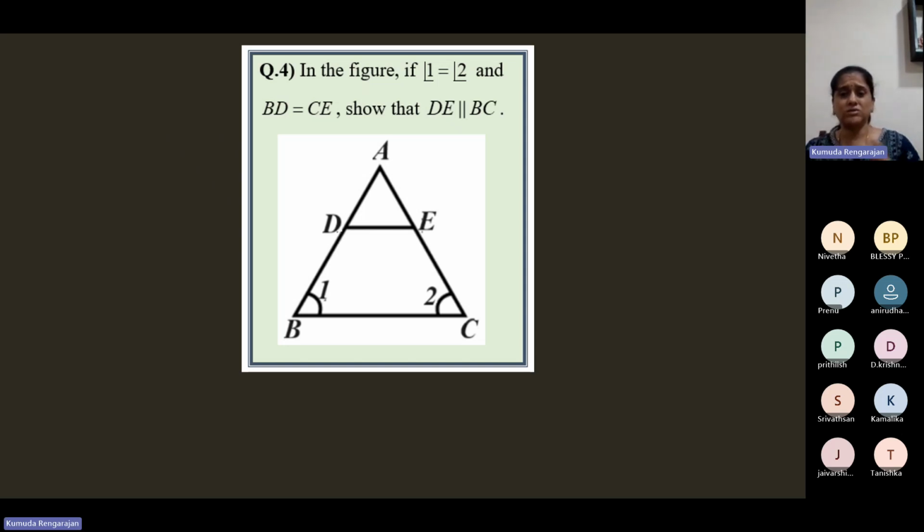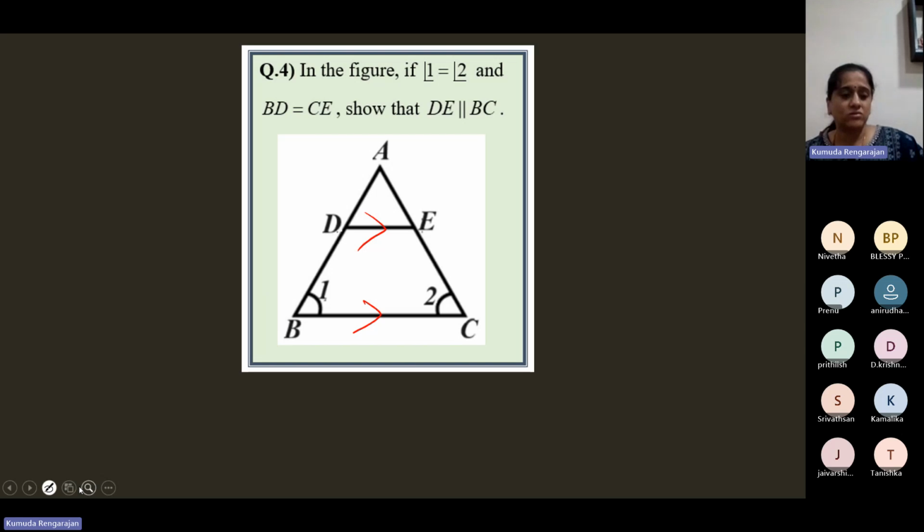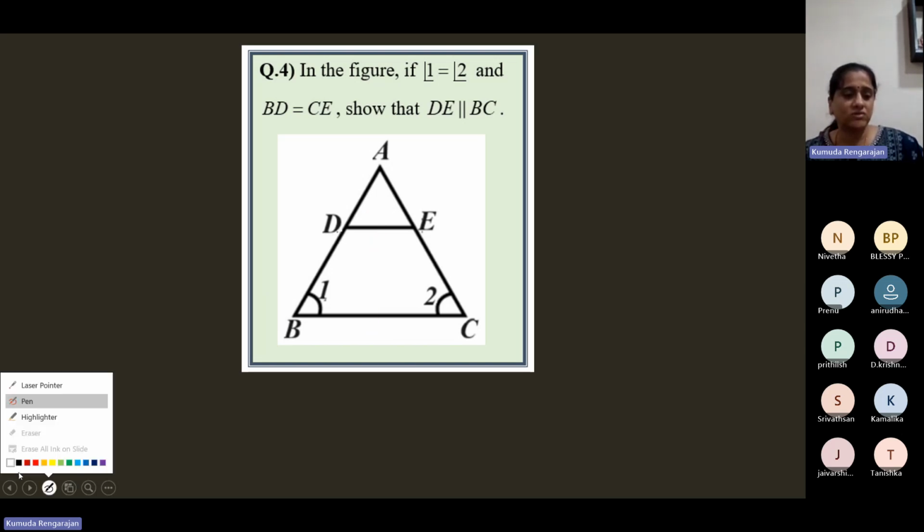Now see, similar information. Here, angle 1 is equal to angle 2, BD is equal to CE, and you should show that DE is parallel to BC. To show that DE is parallel to BC, you just want the proportion. So angle 1 is equal to angle 2 means what? What can you write? AB is equal to AC.